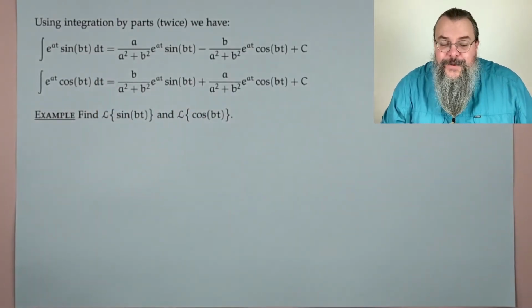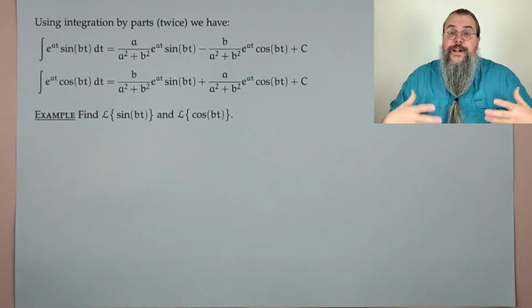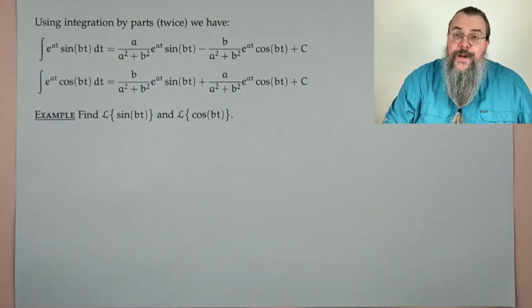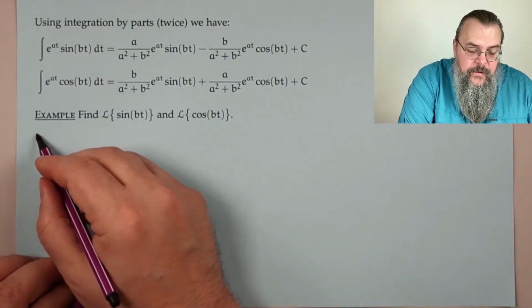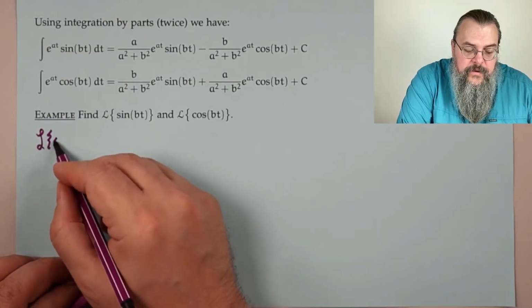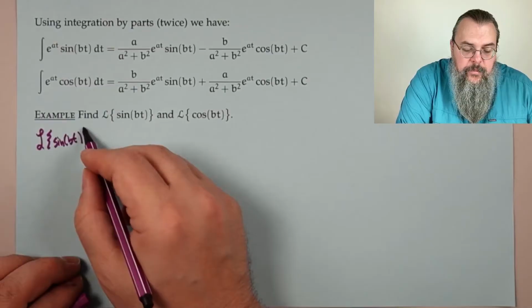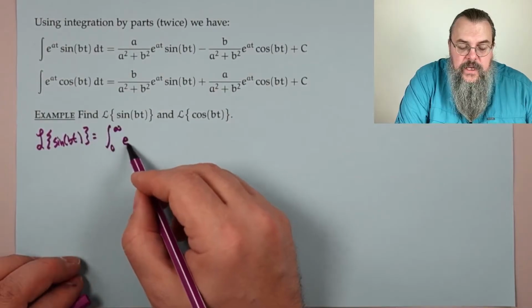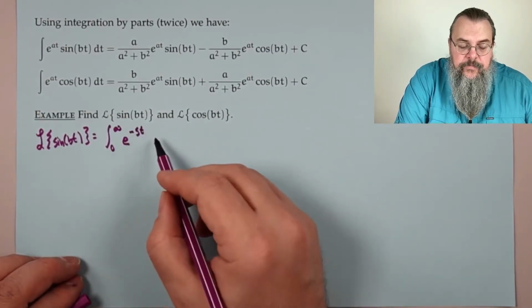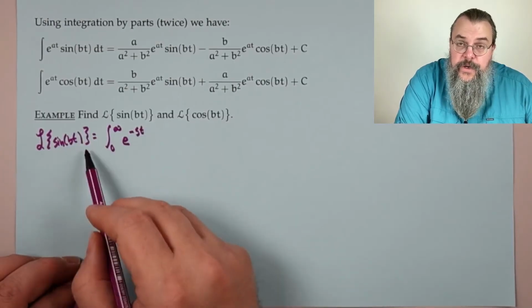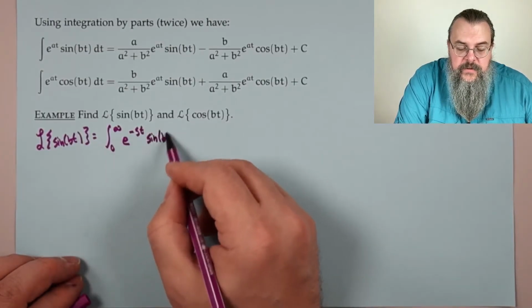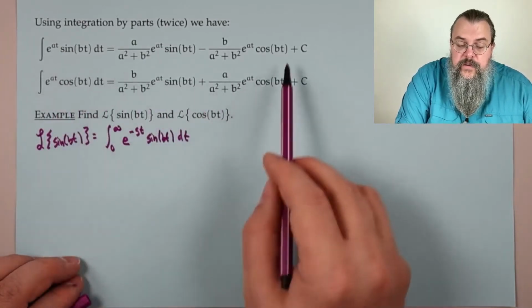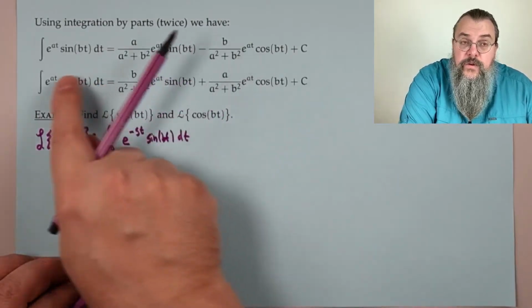Well, good thing we wrote it down so we didn't have to rederive it. Okay, great. Now that we have that, how can we use it? Suppose we wanted to find the Laplace transform of sine bt. By definition, we throw it in: integral 0 to infinity of e to the minus st, and now put in your function, sine of bt dt. And you say, oh, I have this expression.